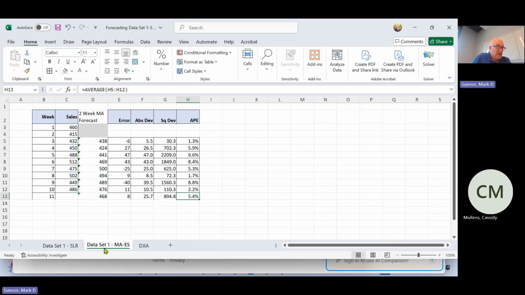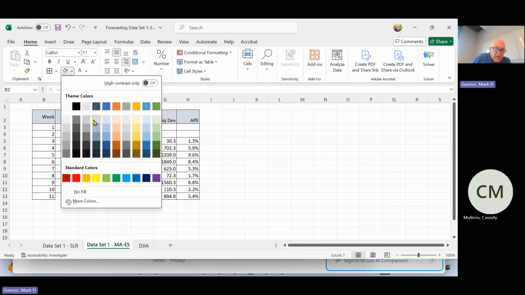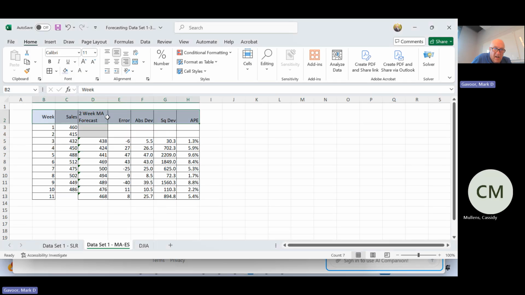So now do I want to clean this up? Yes, I do. I want to put boxes around everything, not necessarily the white spaces. I got this, and I want to probably bold this up, make it all the same color, whatever color I choose, a bluish thing.